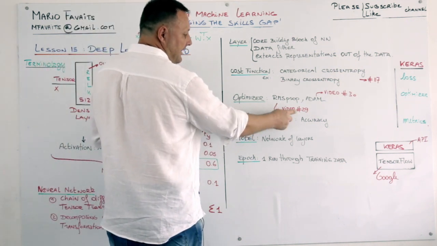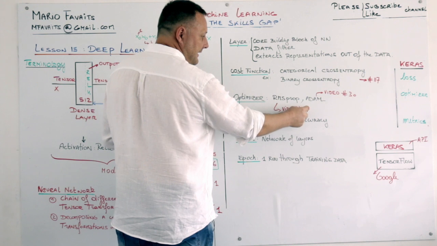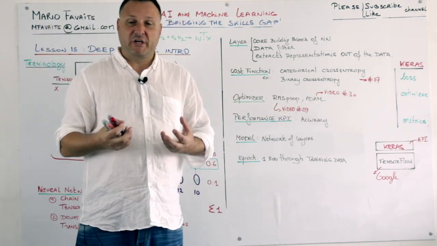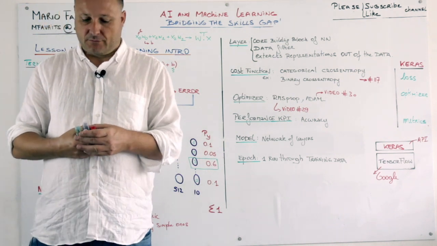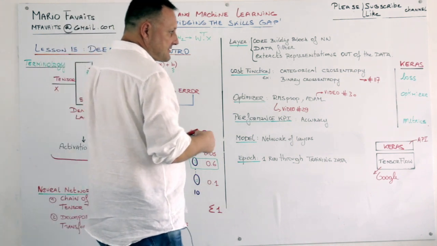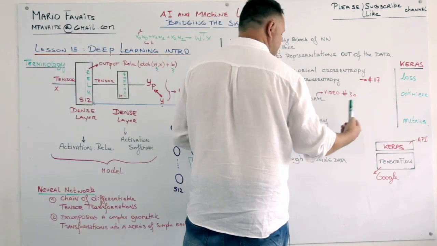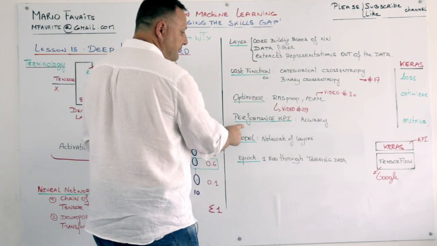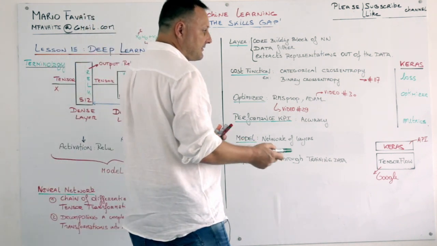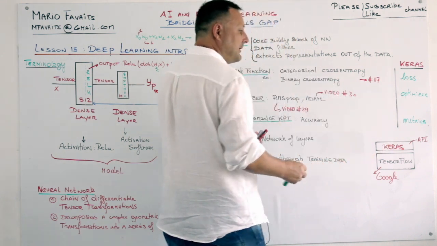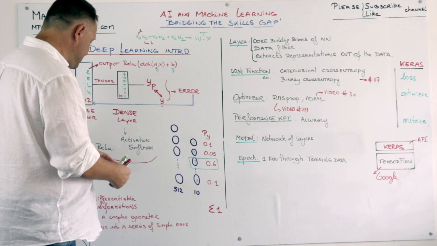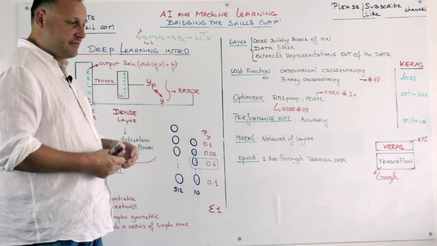RMSprop I explained in video 29, Adam I explained in video 30. Basically, Adam is a combination of RMSprop and momentum. Alright, so in Keras we will simply call this optimizer, so no issue here. And then we have performance KPI, the accuracy, for example. In Keras we will use the term metrics.